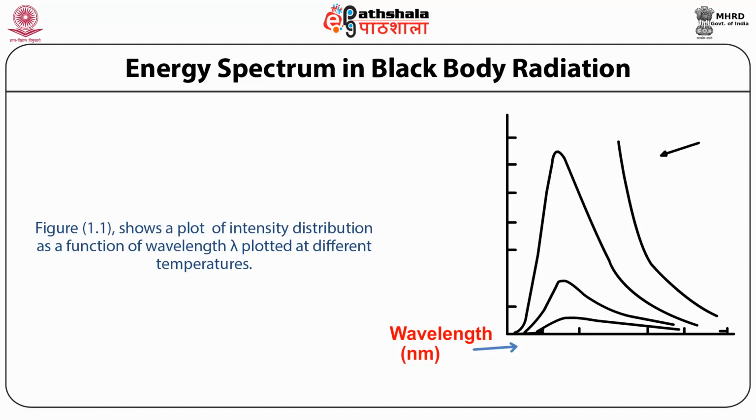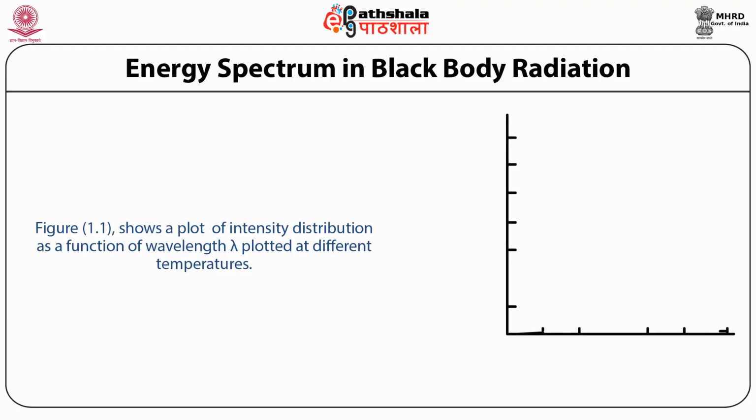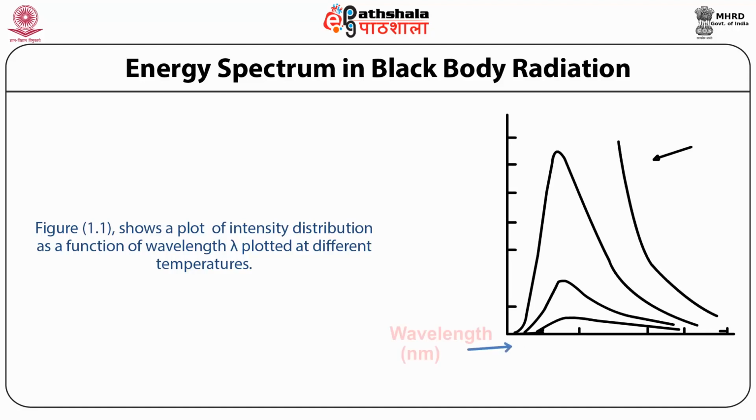Similarly, we can show that sum over n equals 0 to infinity of epsilon n exponential minus epsilon n by kT equals h nu exponential minus h nu by kT divided by 1 minus exponential minus h nu by kT whole square. Thus, the expression for the mean energy per oscillator of frequency nu reduces to U nu equals h nu exponential minus h nu by kT by 1 minus exponential minus h nu by kT, equals h nu by exponential h nu by kT minus 1.